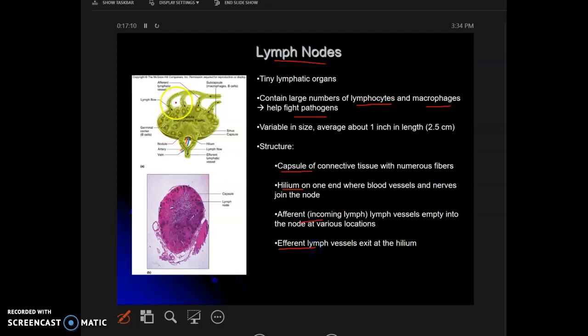And the lymph is squeezed through the main part of the node where there are patches or islands of lymphocytes and macrophages. So basically what do lymph nodes do? They filter the lymph, and these macrophages are going to remove what? The lymphocytes and the macrophages are going to remove foreign pathogens.